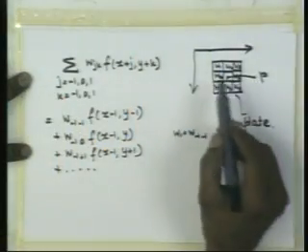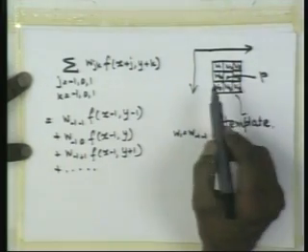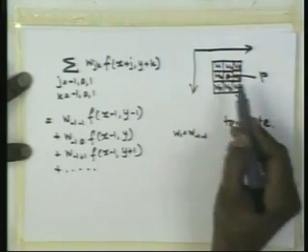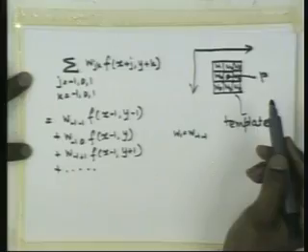Sequentially you place this mask, and placing the mask means that you multiply the weights to the intensity and then find the sum, and that is going to be the new value that you assign to the pixel P. You perform this operation throughout the whole image, and only after that you replace all the new values. The values will not be replaced as soon as they are calculated, but only when the entire image has been gone over by the template.